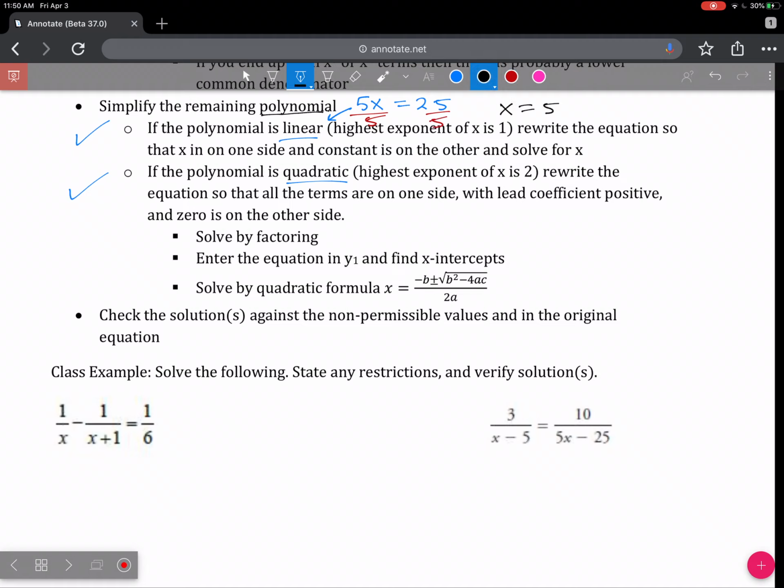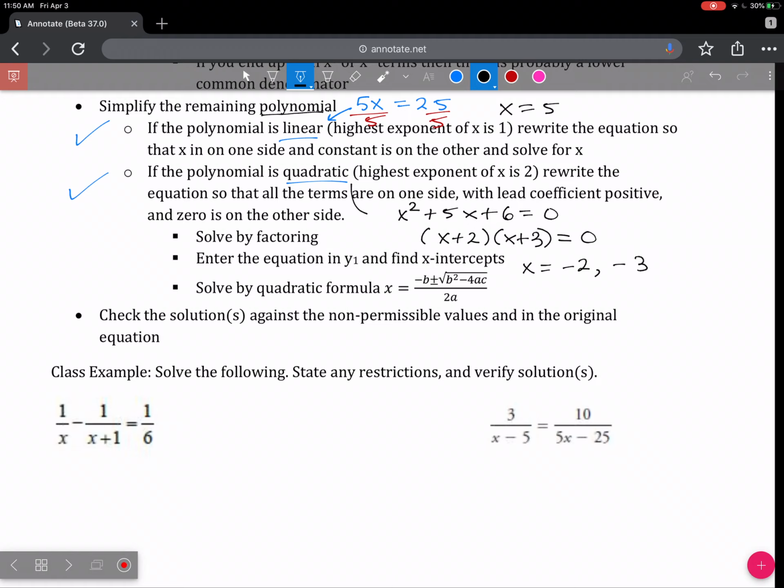When it's a quadratic, you're going to end up in a situation where you have to make the quadratic equal to 0. And my recommendation is that you keep the lead coefficient on the squared term positive. That's my strategy. And then what you're going to have to do is factor it, if possible, and then analyze the roots of those factors.